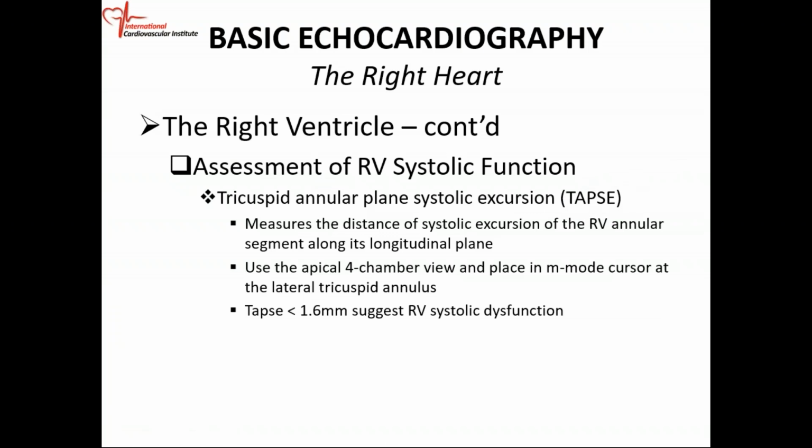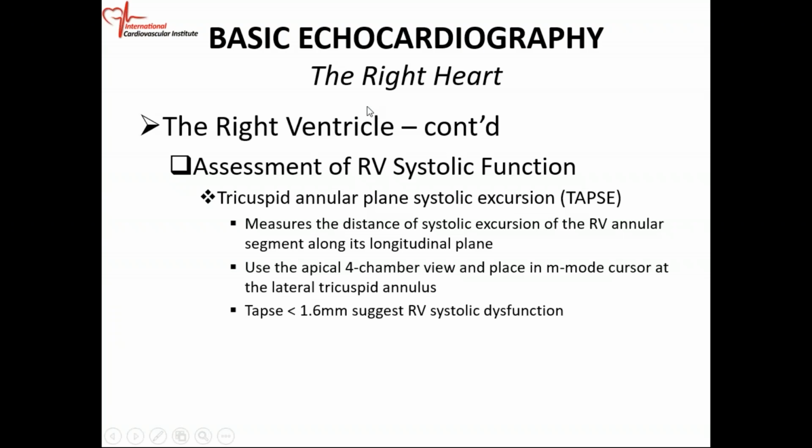The two methods are your TAPSE, which is an M mode measurement, and your RV S prime. Your RV S prime is a tissue Doppler image assessment, and what you do is you put your cursor at the lateral tricuspid annular plane, and you just press your TDI button, and you get a velocity.